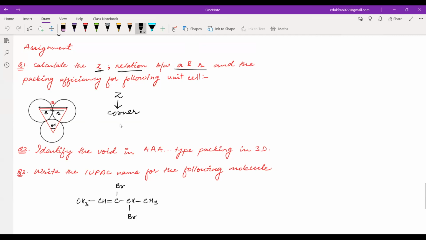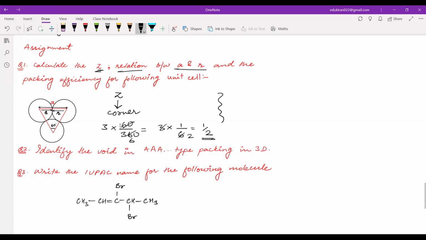Very good. So we have 3 atoms. Into what will be the contribution? The contribution, I have said that it will be equal to 60 upon 360, so this will be 1 by 6. So you will get 3 into 1 by 6, and this will be equal to 1 by 2. So the Z is equal to 1 by 2.